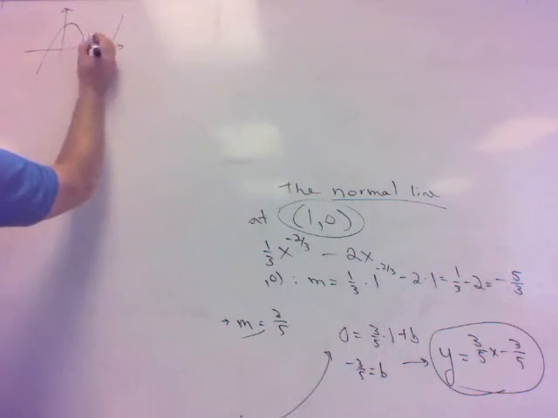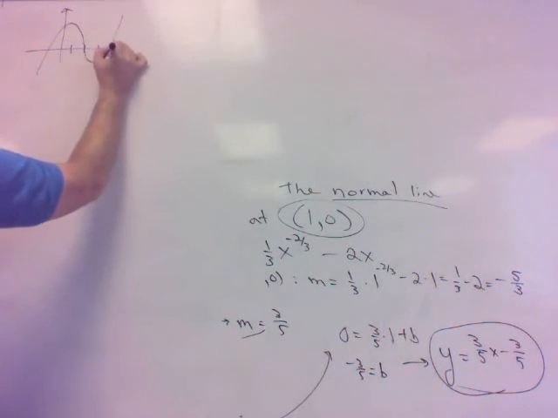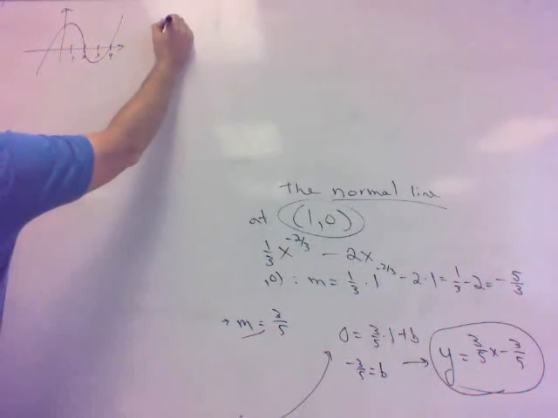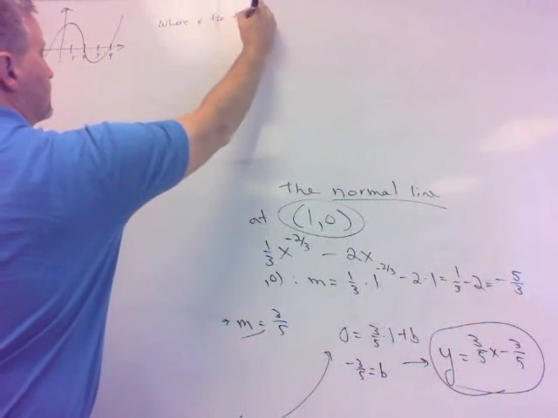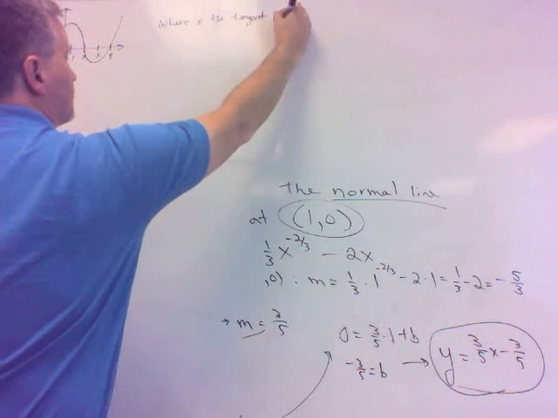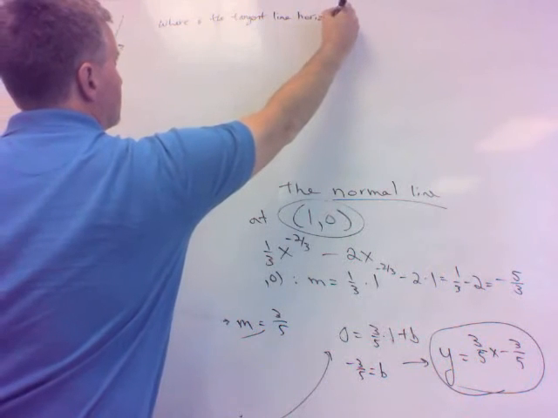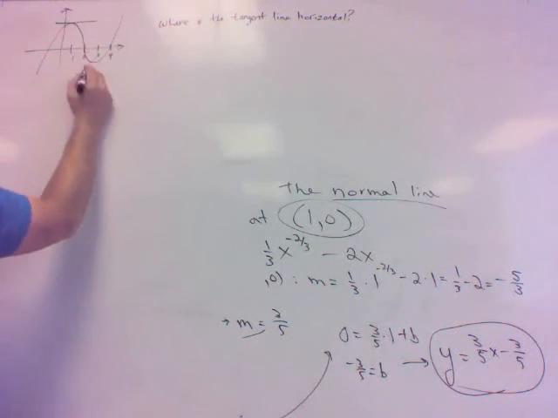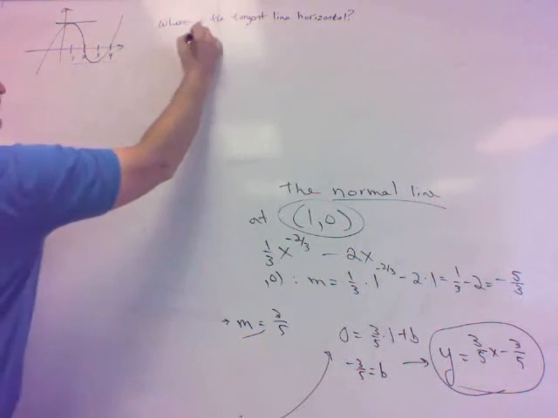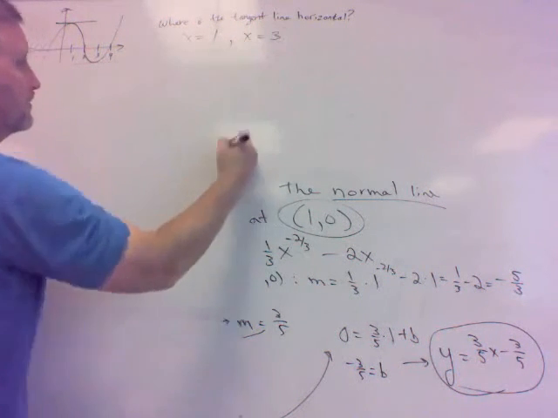Where is the tangent line horizontal there? Well, we covered this in different ways, but I've got two places where the tangent line is horizontal, here at about 1, and then here at 3, right? x is 1, and x is 3.